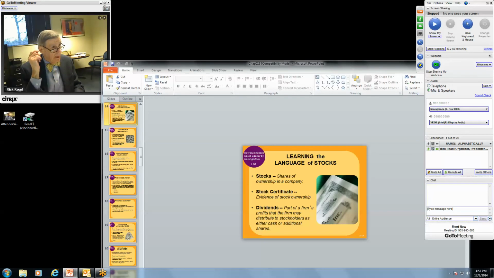Now, of course, you're a higher owner or a lower owner on the totem pole, if you will, depending upon the number of shares that you own. So you have to take that into perspective, because one share allows you to be an owner, and you will get a chance to vote, which we'll talk about a little bit later.